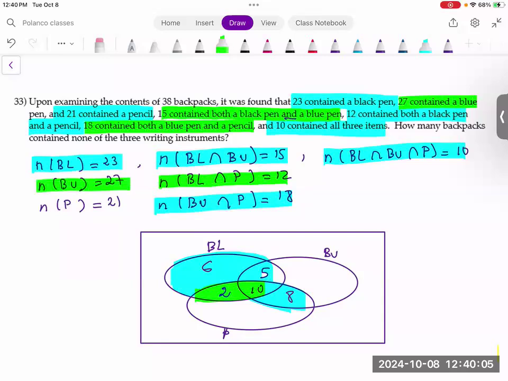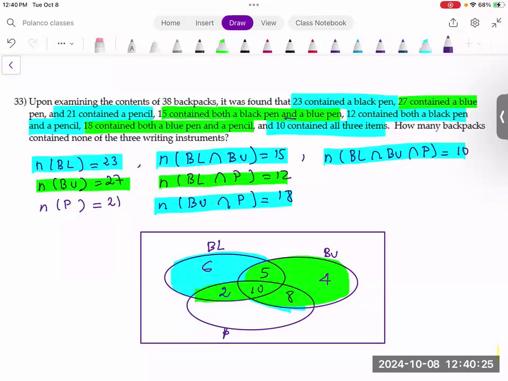And then the following sentence is this one. You see, I have blue right now, 27. So this is the blue circle. And I can see I have 5, 10, and 8. That's going to be 23 in there. How many missing to make it 27? 4 more. Very good.